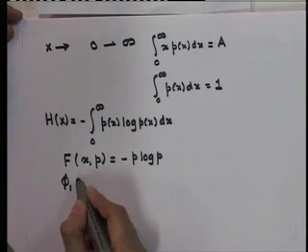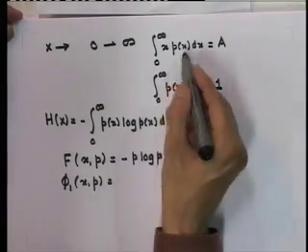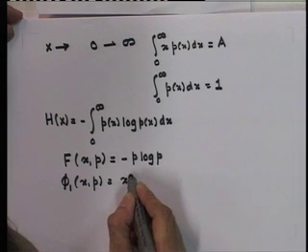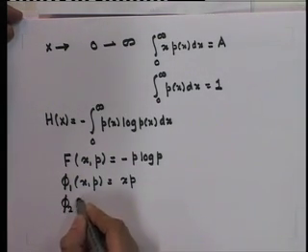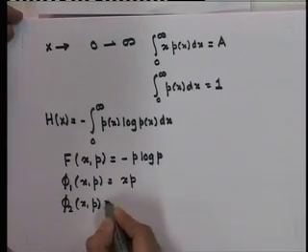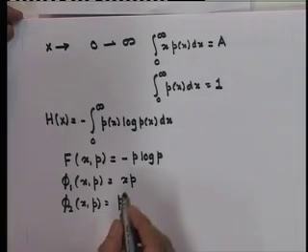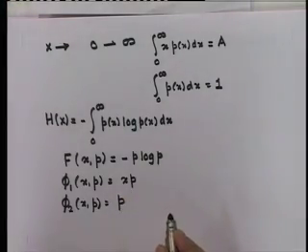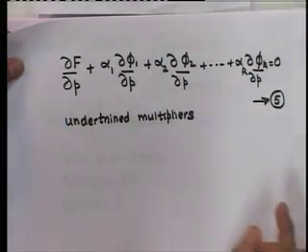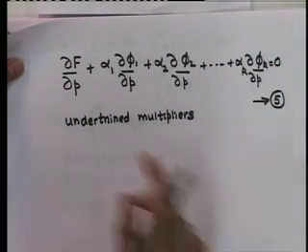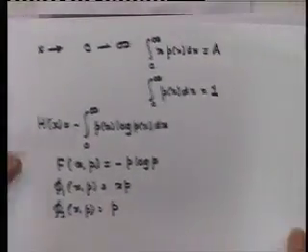Phi 1 x p is equal to x p, phi 2 x p is equal to p. Therefore, if we use this equation for determining p, we get the result as follows.